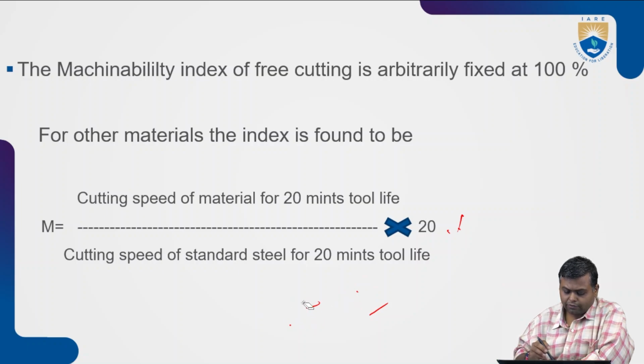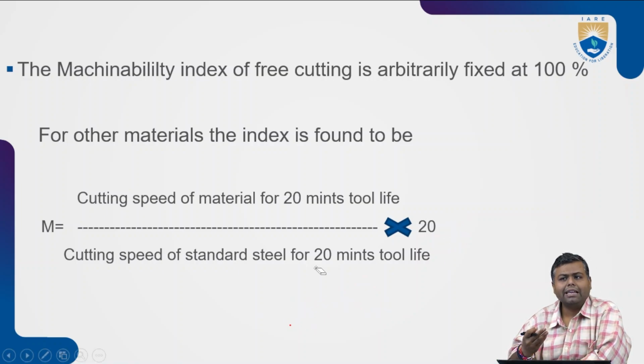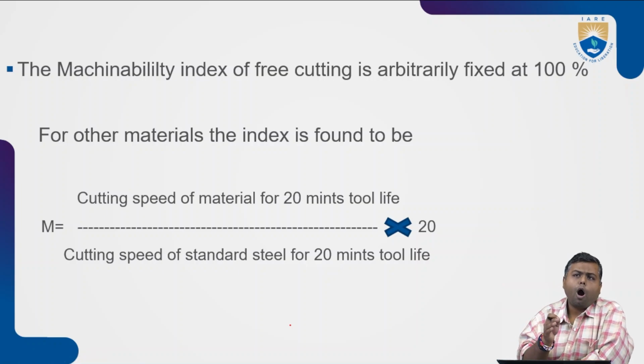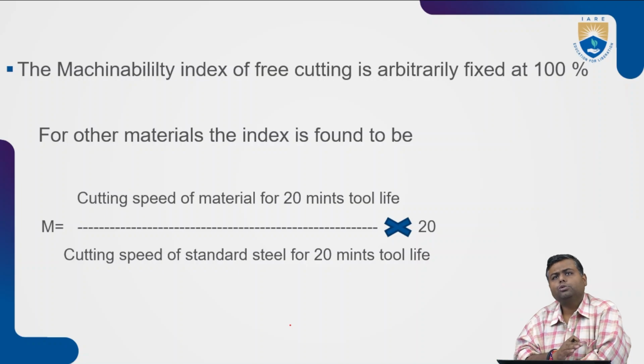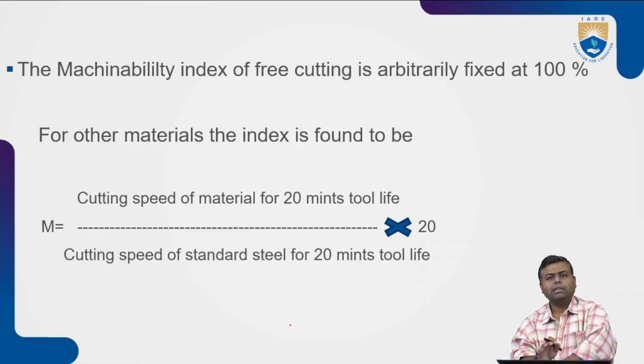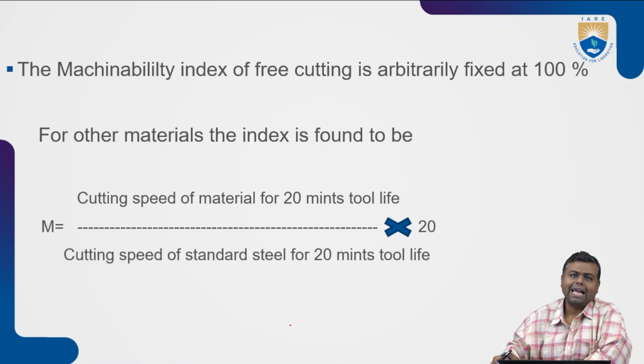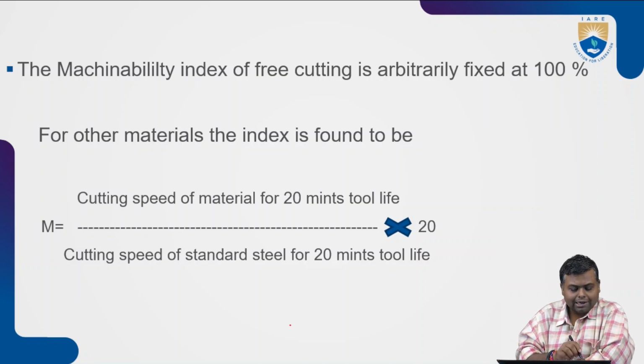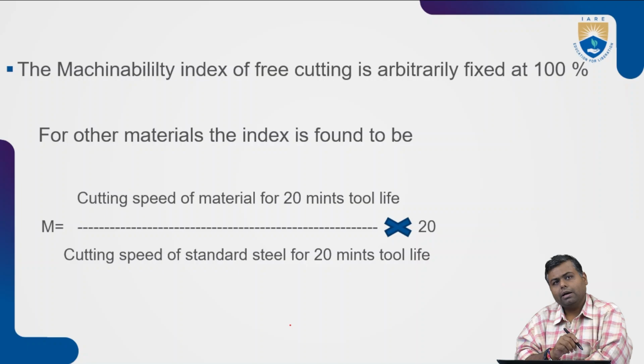If the number is very high, that means the machining is taking place very easily, and the number indicates that the output of this machining is very good. That means the surface created by this machining operation is also very intact. So remember that the machinability index is a number which says how easily the material can be removed from the workpiece with the help of the tool.